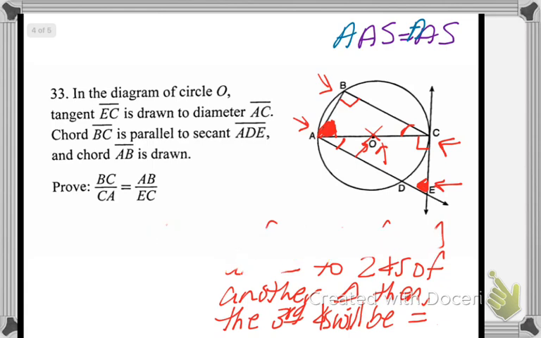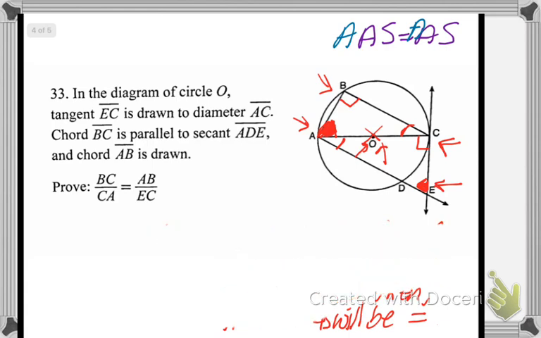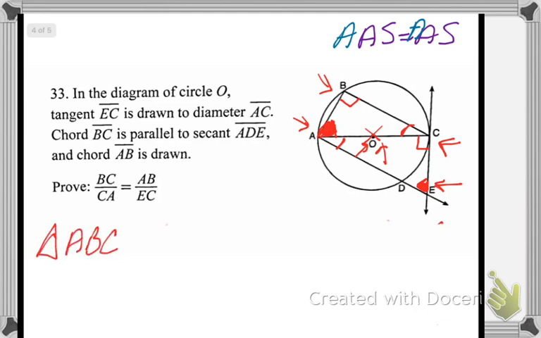So let's write that up. Warned you this was a hard one. Alright, so triangle ABC is congruent to triangle ACE because of angle, angle, side. Okay? So we did all that, but what is this question asking?